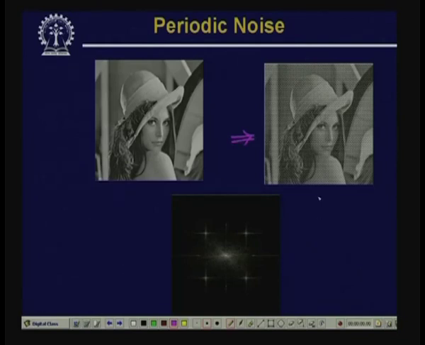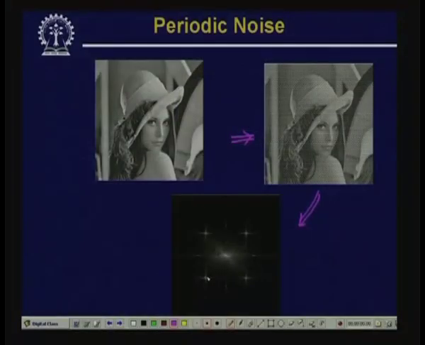And if I take the Fourier transform of this, you find that in the Fourier transform there are a few bright dots, one here, one here, one here, one here, one here, one at this location and one at this location. All these bright dots tell us the frequency of the periodic noise which contaminates the image.